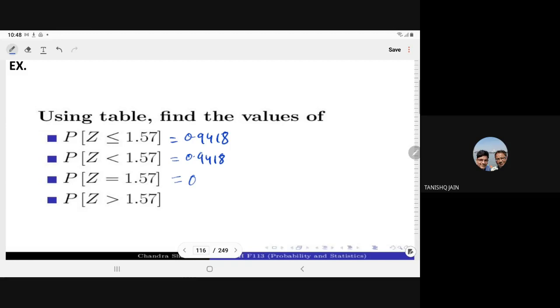When Z is equal to 1.57, its value will be 0 because we are talking about point probability. And this is 1 minus probability Z less than or equal to 1.57, so it is 1 minus 0.9418, which is 0.0582.